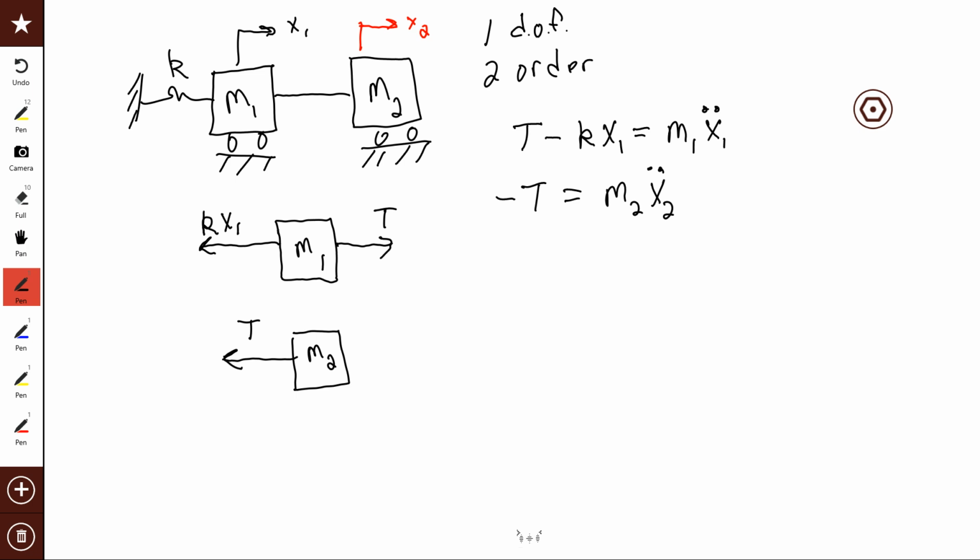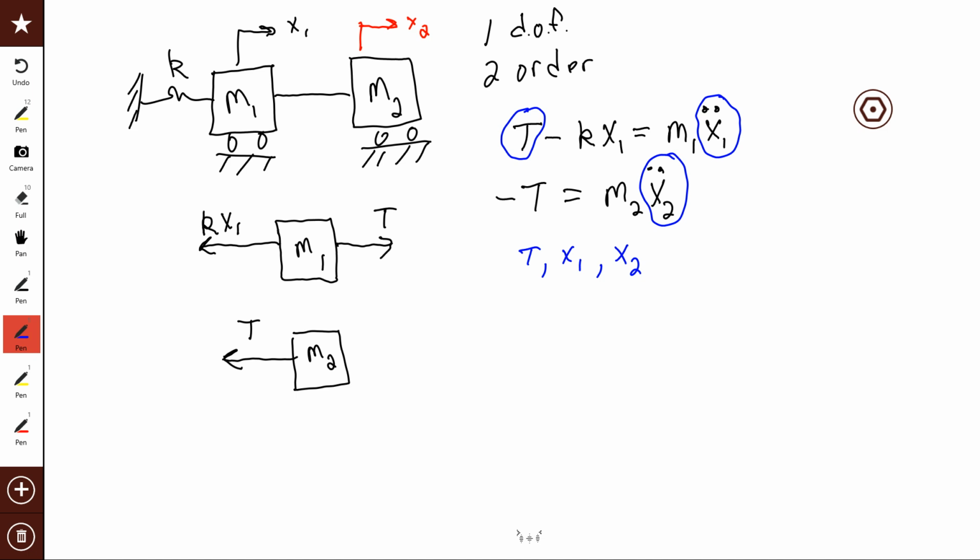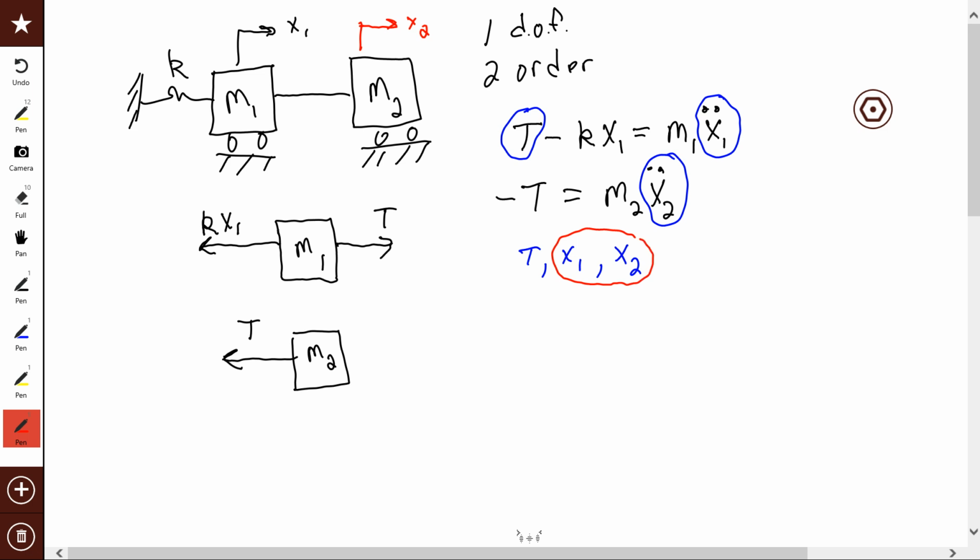Okay, now I'm going to count the number of unknowns. I don't know T, I don't know x1, and I don't know x2. So the variables are T, x1 and its derivatives, and x2 and its derivatives. Now, I only have 2 equations. I have 3 unknowns. So now is the time to panic. But before I panic, these 2 things are both flow variables, yet I know it's a 1 degree of freedom system.